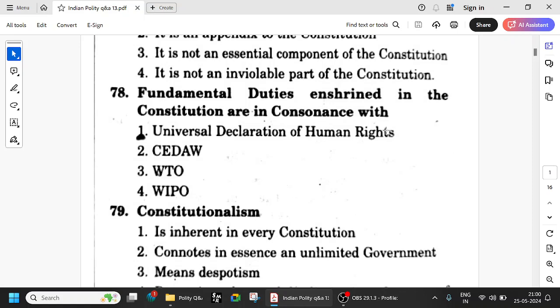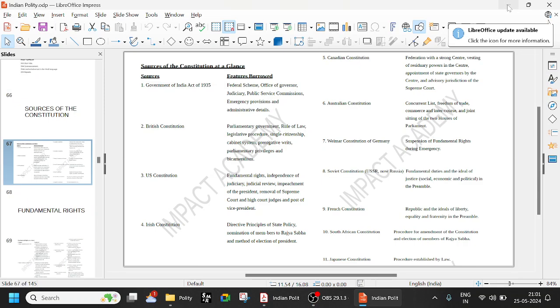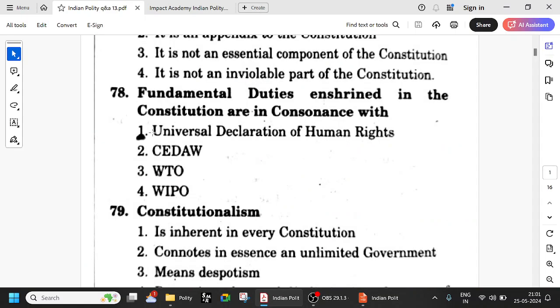We have taken fundamental rights from the United States. Let me see the sources for directive principles. We have taken fundamental rights from the US Constitution, and directive principles we have taken from the Irish Constitution. Those are important.